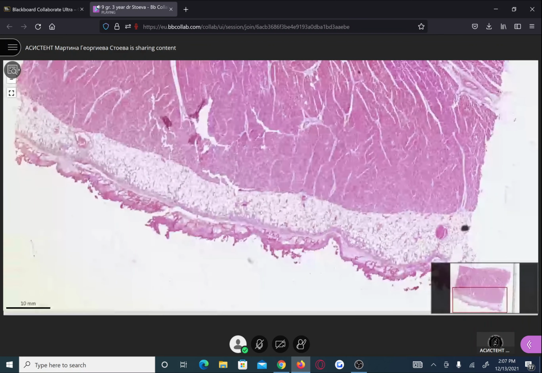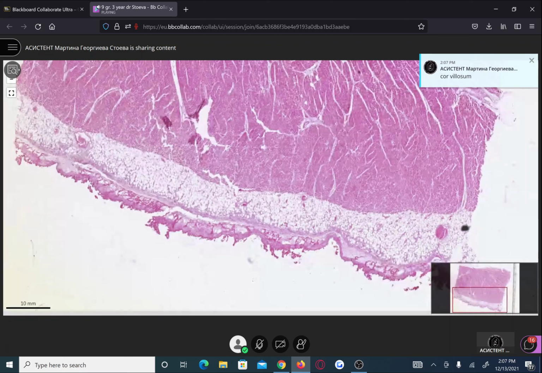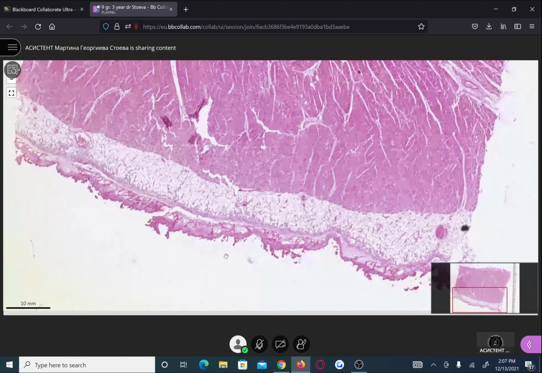In this case, we call the gross appearance of the heart cor villosum. Cor villosum. If you get more histological slides, you may be asked about the gross appearance of the heart as well.